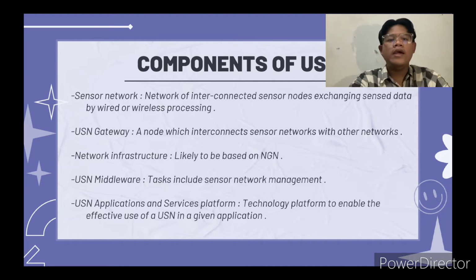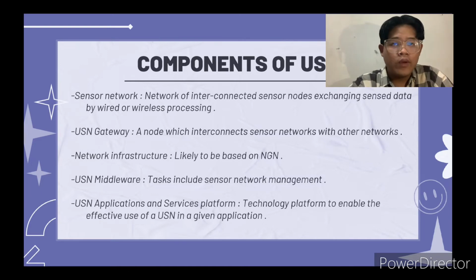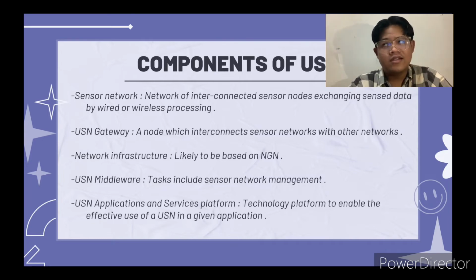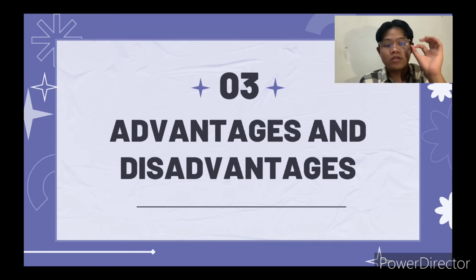Third, the network infrastructure is likely to be based on NGN. Fourth, USN middleware includes sensor network management and connectivity, event processing, and sensor data mining. And lastly, the USN applications and services platform is the technology platform to enable the effective use of USN in a given application.